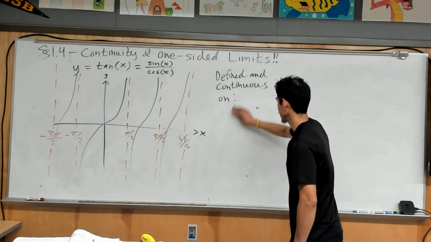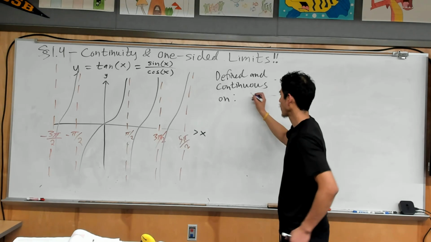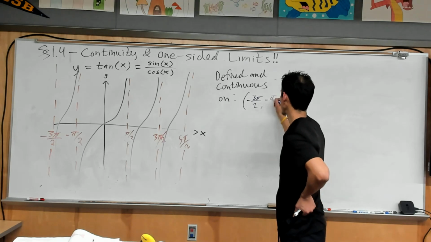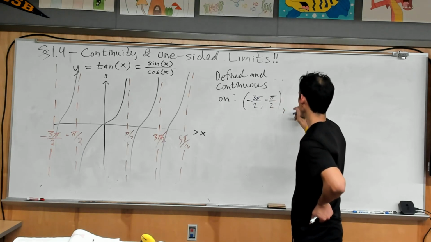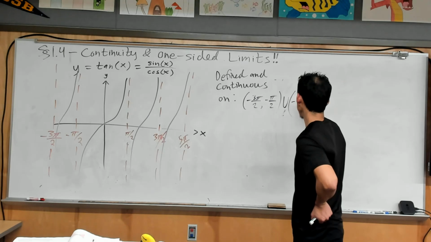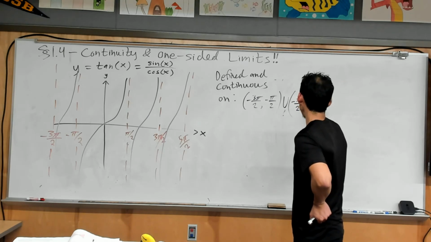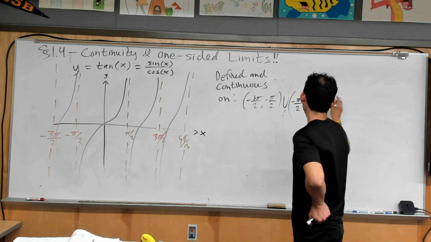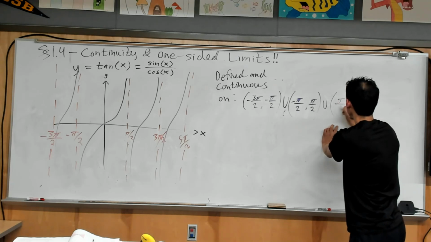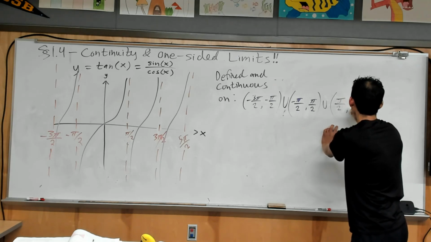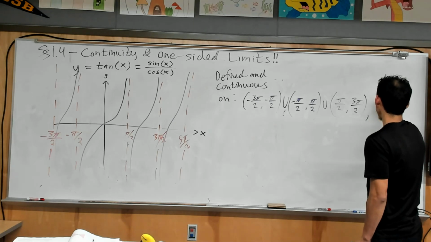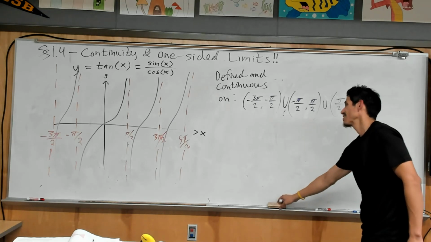So it's continuous on this interval: negative 3 pi over 2 to negative pi over 2, skip, or you could put a union, negative pi over 2 to positive pi over 2, skip or put a union, pi over 2 to 3 pi over 2, and so forth, to 5 pi over 2.